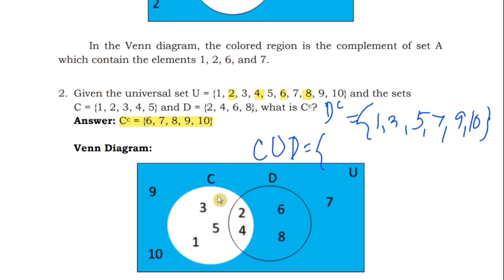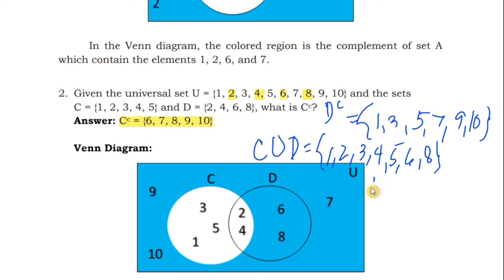So C union D are those elements that can be found in both set C and set D. So set C is 1, 2, 3, 4, 5, and set D is 2, 4, 6, 8. So that is the union of C and D, or C union D.